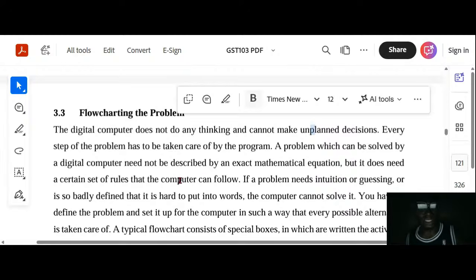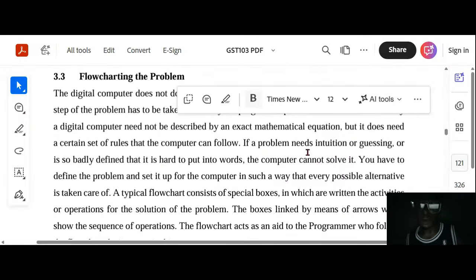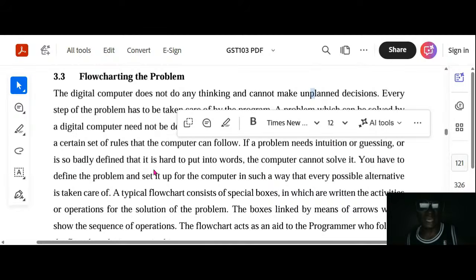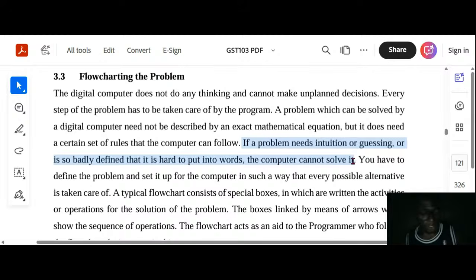It does need a certain set of rules that the computer can follow. If a problem needs intuition or guessing, or is so badly defined that it is hard to put into words, the computer cannot solve it. This is a very important statement, and I think we need to register that.